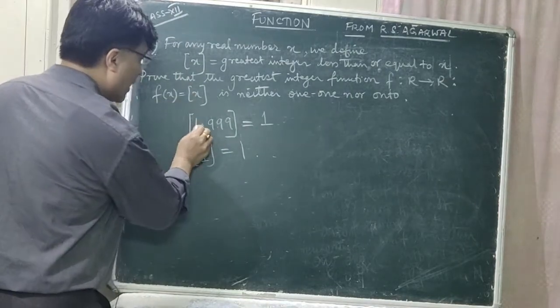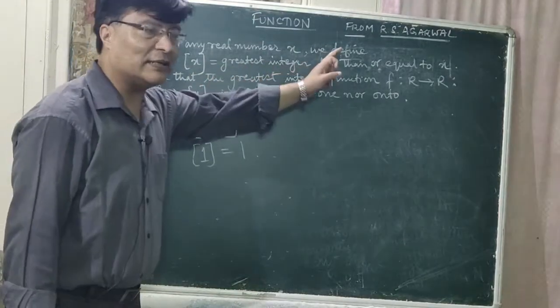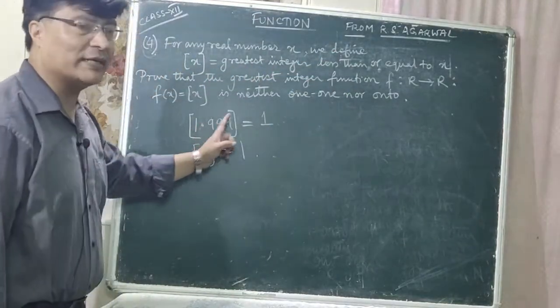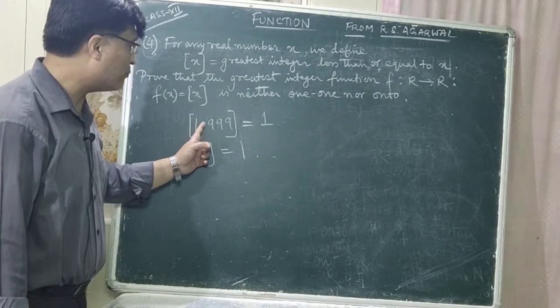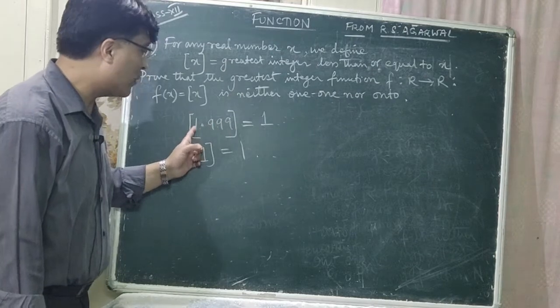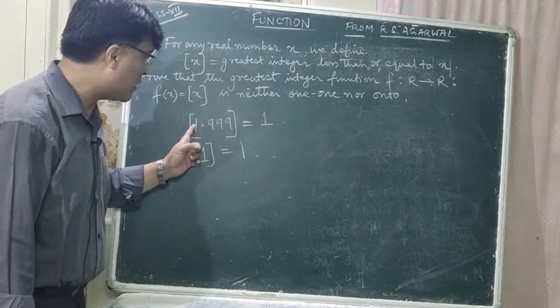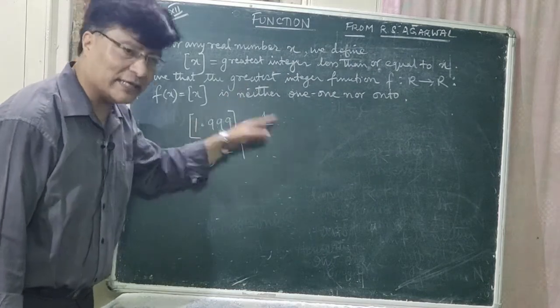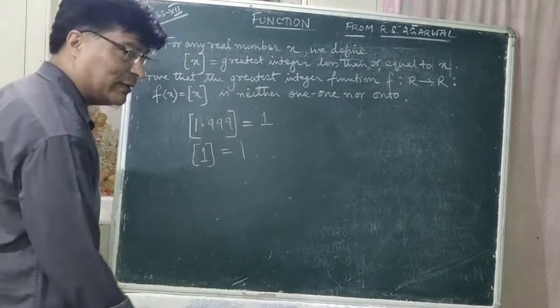That means 1.999 भनेपछि के रहेछ? Greatest integer less than 1.999. That is within third bracket 1.999 means greatest integer which is less than 1.999. So which is the greatest integer which is less than 1.999? That is your 1. If you write within third bracket 1, you will have 1, right?